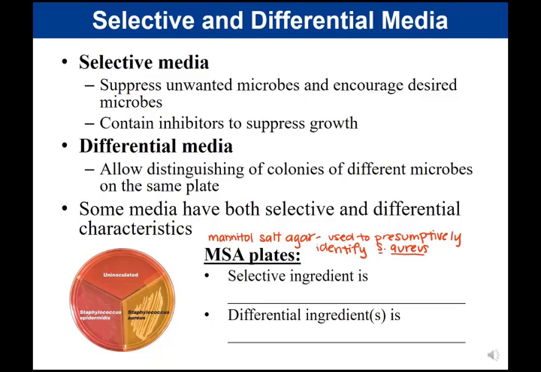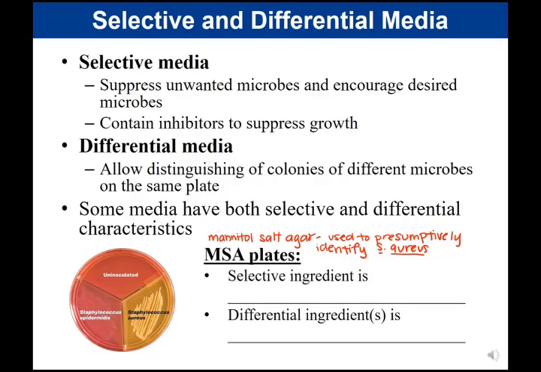Now, presumptive means that if we get a positive on this test, we can say with about 95% confidence that in fact the bacteria is Staph aureus. So this is a special type of agar that has ingredients that allow us to identify Staph aureus.